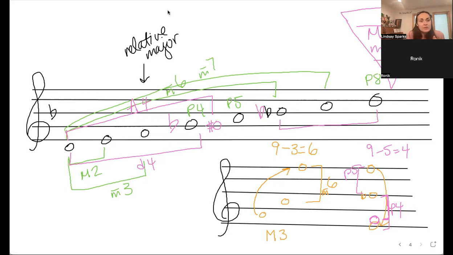Let's count some half steps just to see where we are. So D to C sharp would be a half step, to C would be a whole step. So that's one whole step, right? If we went to B natural, that would be 3 half steps, right? So B natural would be a minor third, right? And if you think about it, the key of B major has a D sharp in it. So B to D natural would be the minor third.